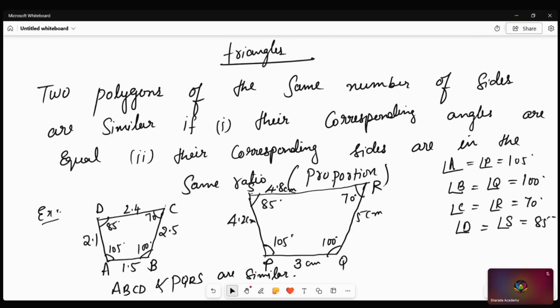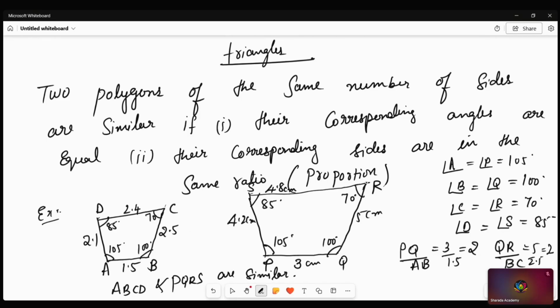Next, their corresponding sides are in the same ratio. What are the corresponding sides? AB and PQ. If I take PQ by AB, how much will I get? 3 by 1.5 I will get, so that is 2. Correct? Then we have QR by BC, that is 5 by 2.5, that is equal to 2.